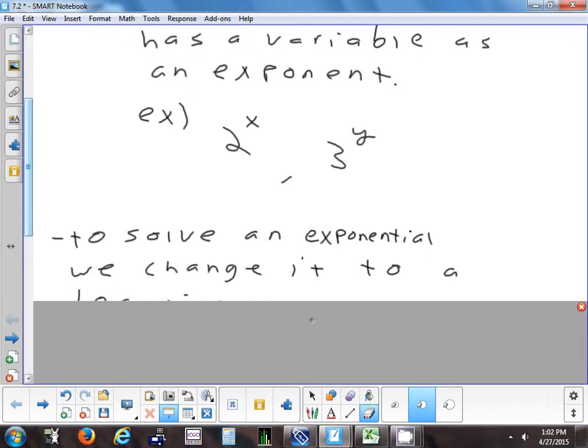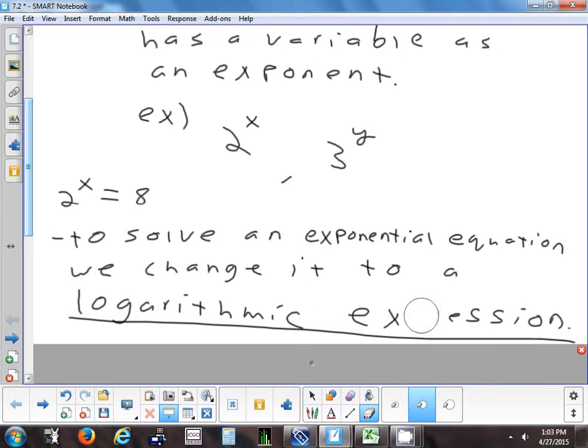Okay, and to solve, let's change that to an equation. Once you take an expression like this, put in an equal sign, and put a number on the other side, now you've made it into an exponential equation. Okay? Equations have equal signs.